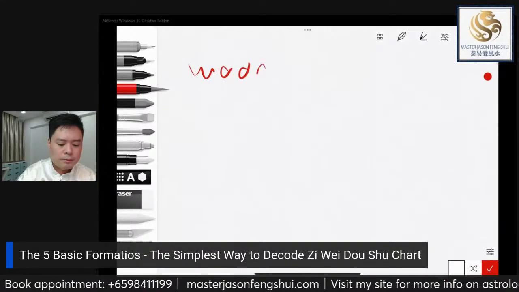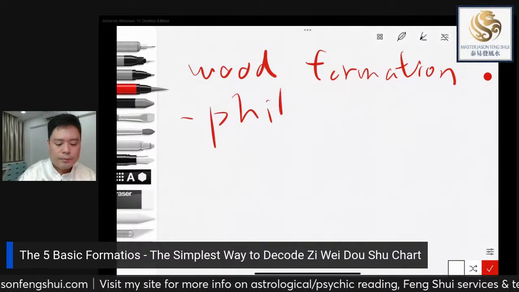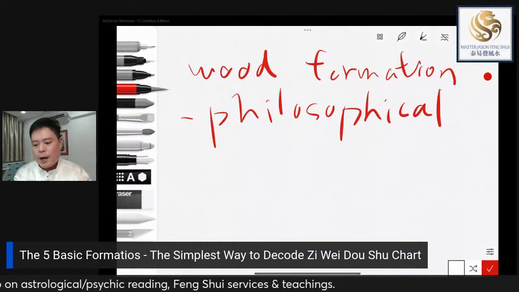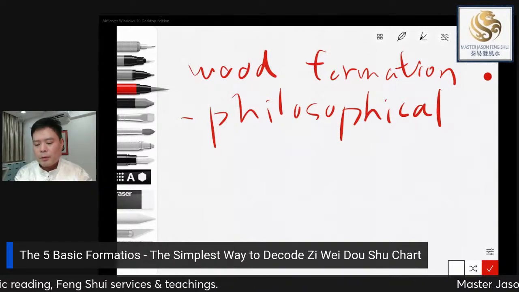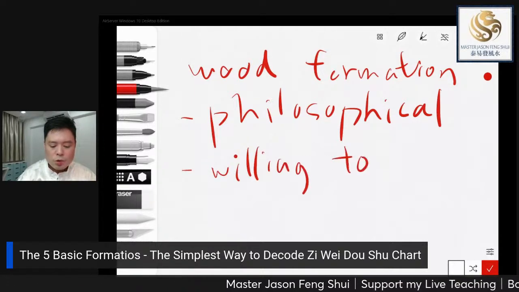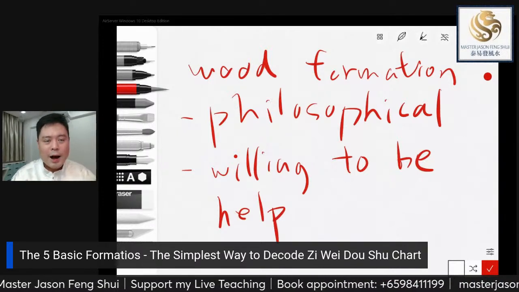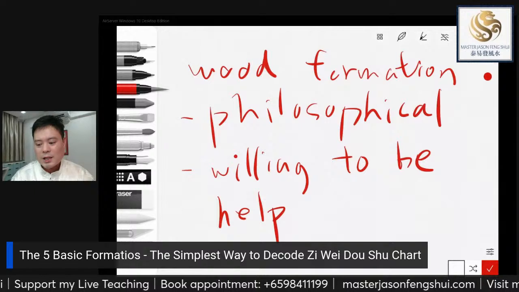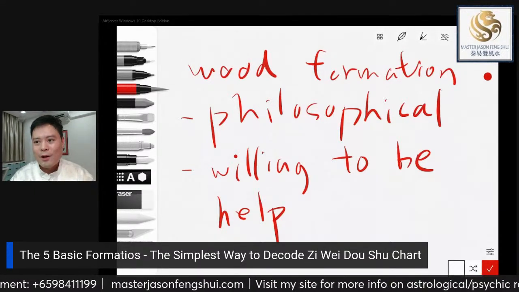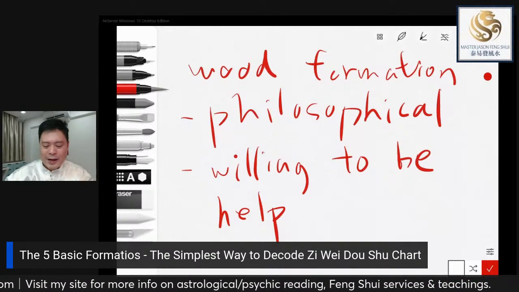Wood formation people can be very philosophical, and they can also be willing to work hard, willing to be of help, especially because wood within the five elements is always used as a form of pillar, as a form of support for other people. So wood people are usually quite helpful also in a way, okay?